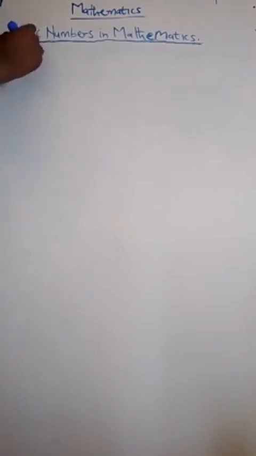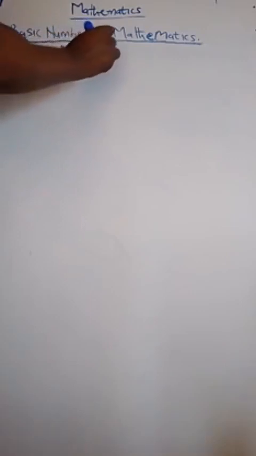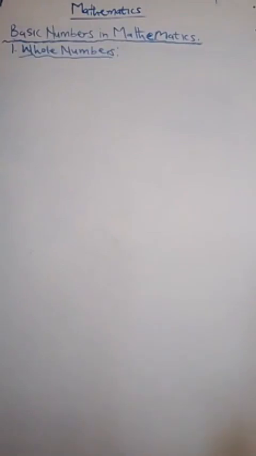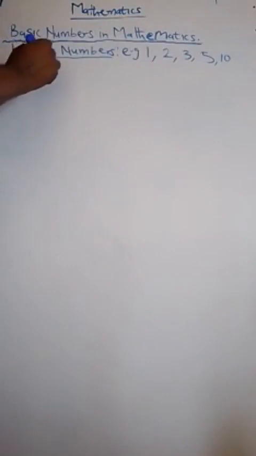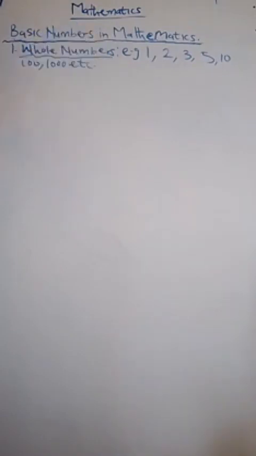1. Whole numbers. A whole number is a number without decimal fraction and a decimal point. For example, we have 1, 2, 3, 5, 10, 100, 1000, and many more.